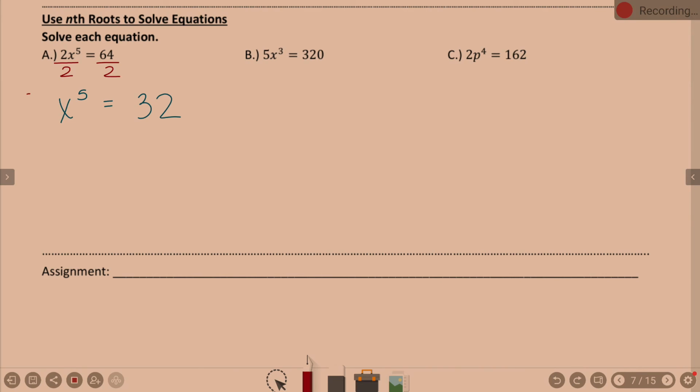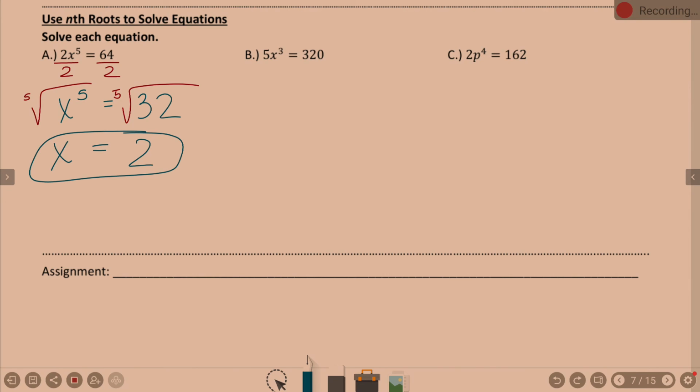If you take the 5th root of one side of the equation, you take the 5th root of the other side. Now, the book teaches it, instead of taking the 5th root, you raise it to the 1/5 power. That's still going to be taking the 5th root. So, the 5th root of x to the 5th is, guess what? X. What's the 5th root of 32? 2. That's at least the 4th time we've done the 5th root of 32 today. Is it starting to stick in your brain?